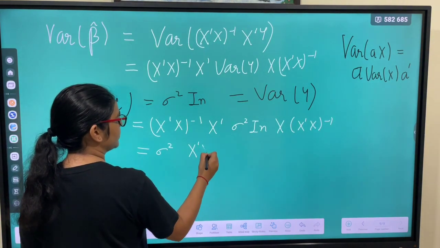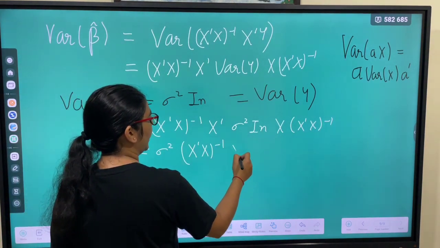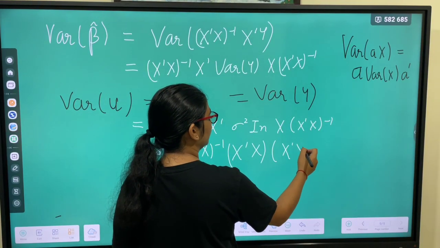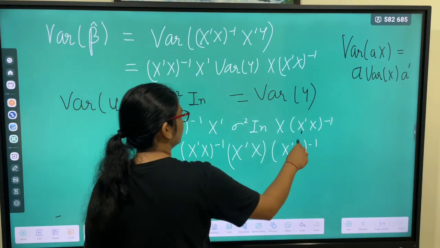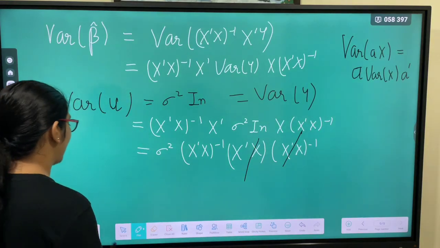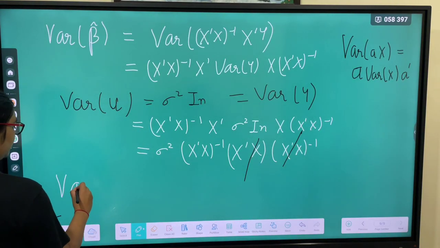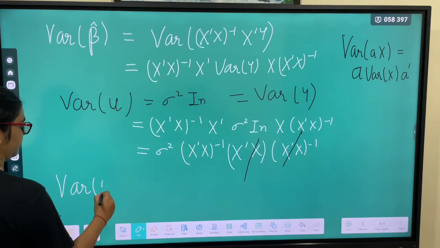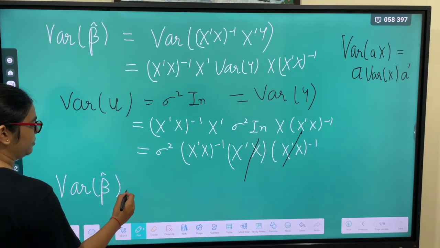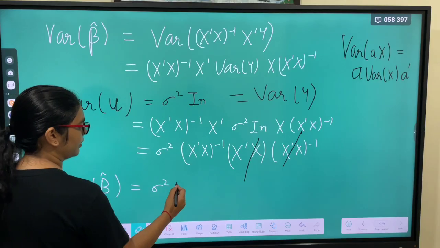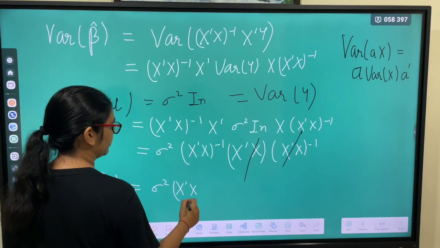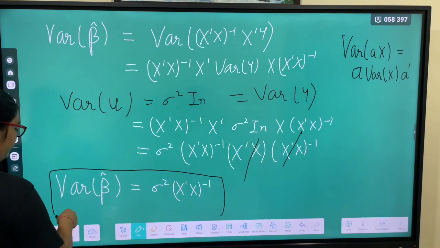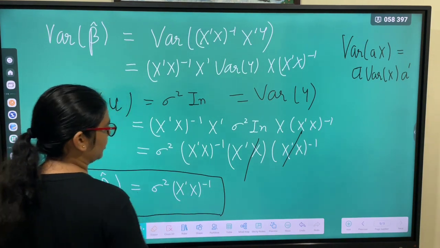So x dash x inverse x dash x x dash x inverse. These two terms get cancelled and we are left with the variance of beta cap equal to sigma square x dash x inverse. This is the value of our variance covariance matrix.